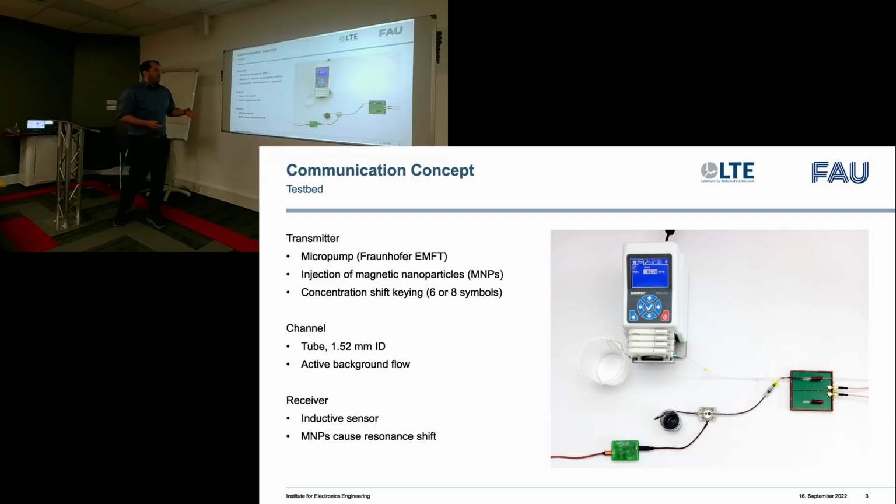They travel with the background flow to a receiver where we can detect them due to their magnetic properties. In this case with an inductive sensor: when the magnetic particles are inside the inductor, the inductance value of that coil changes, which we can detect with some halfway complicated circuit.